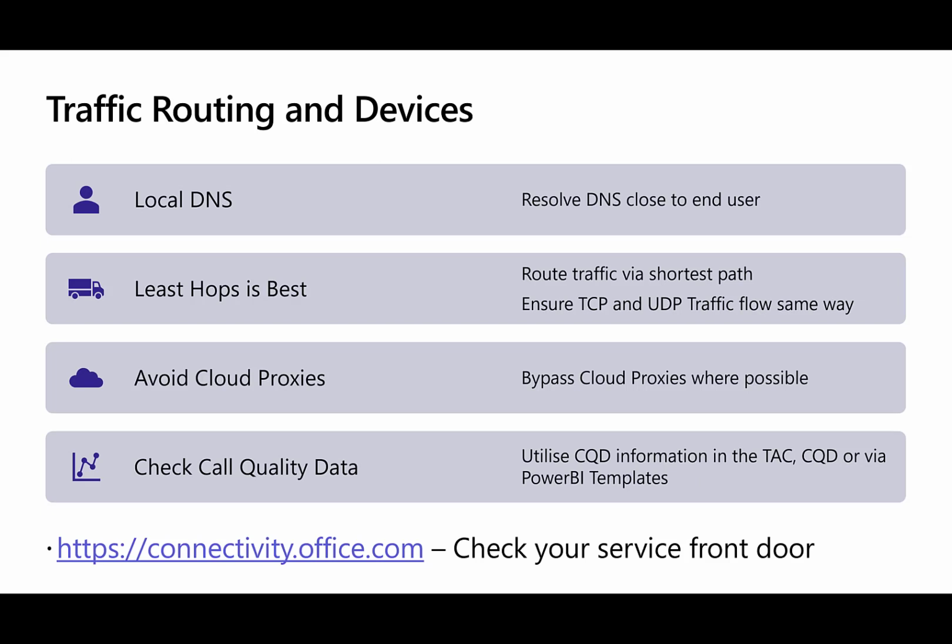And of course, we do have tools available that you can utilize to see how your call quality is performing within your tenant and for your end users. There's a couple of ways to do this. The first one is within the Teams admin center itself. If you have a user who says, hey, I've been having quite a few problems with my Teams calls lately, can you have a look to see what's going on?